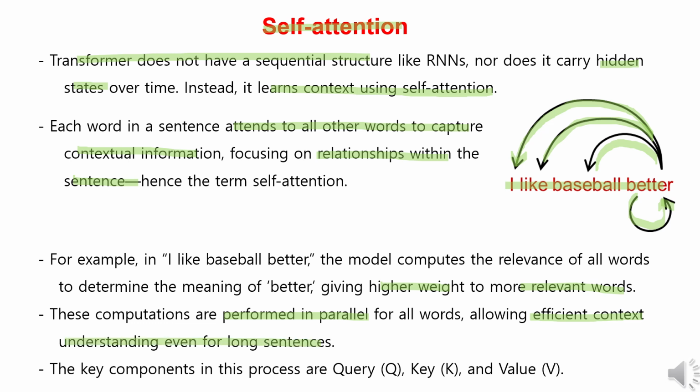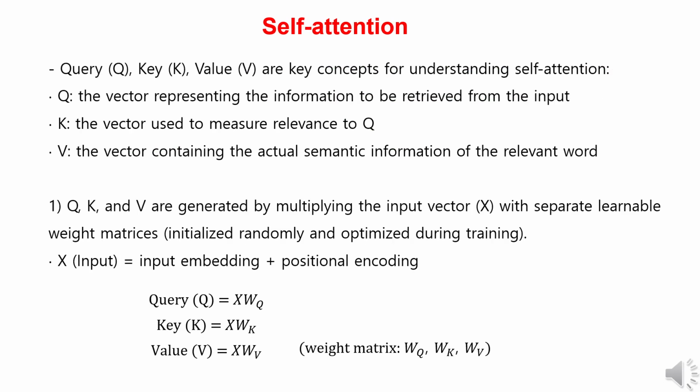At the heart of this process are the 3 key components: query, key, and value. Now let's take a closer look at what query, key, and value are. These are the core concepts for understanding self-attention in transformers. Query is a vector that represents the information to be retrieved from the input. Key is the vector that the query is compared against to determine how relevant another word is. Value is the vector that contains the actual semantic information of the relevant word.